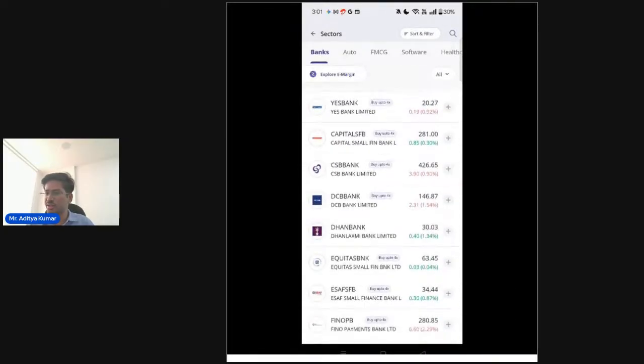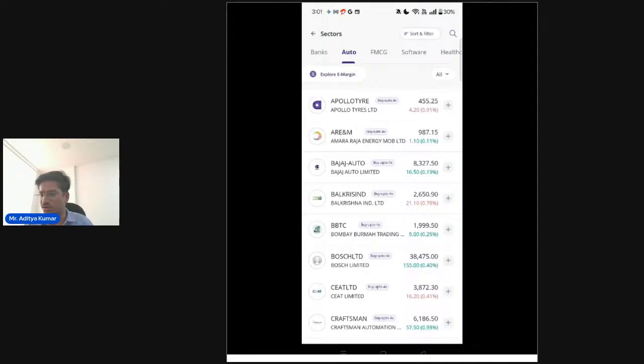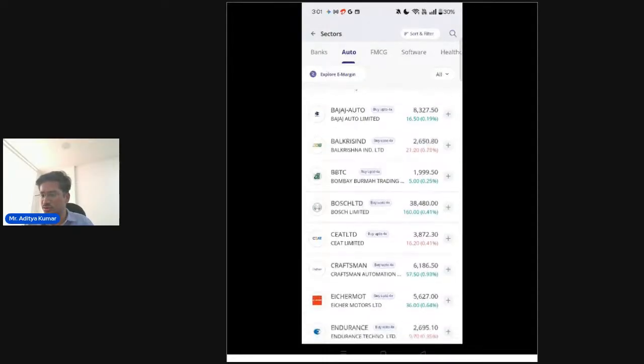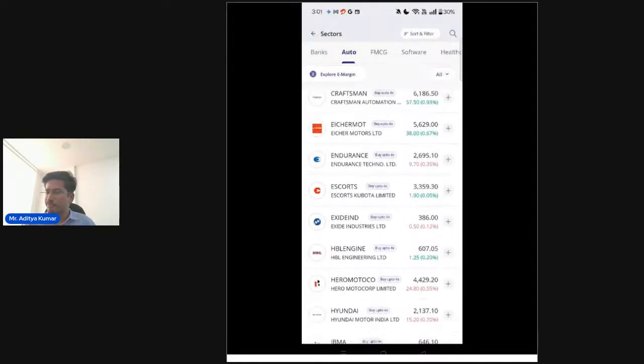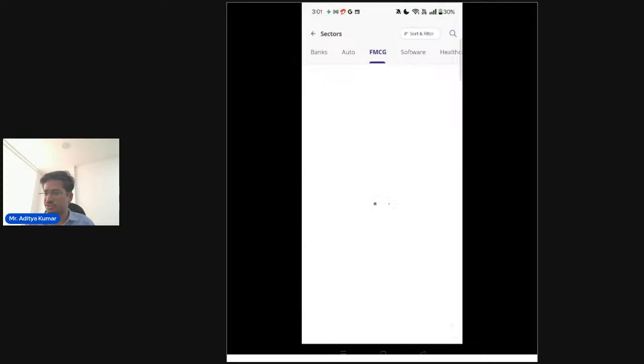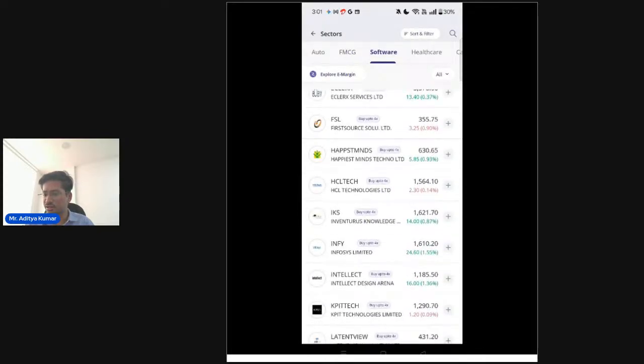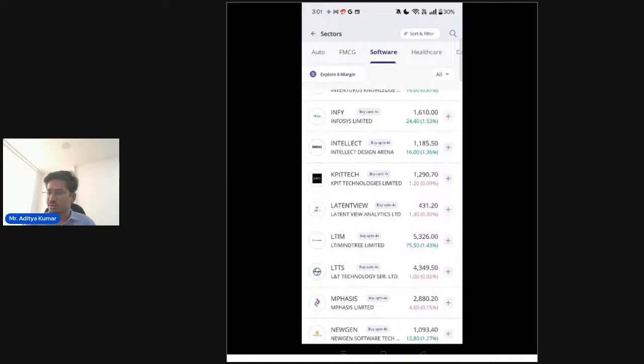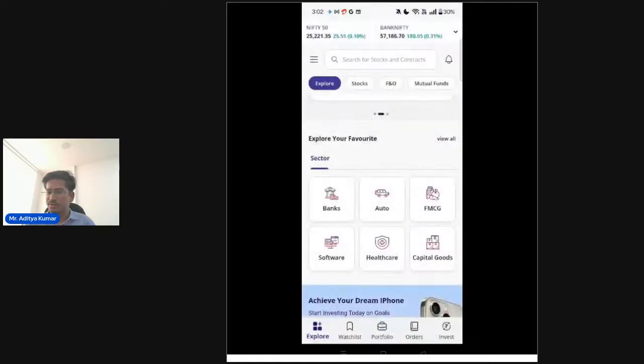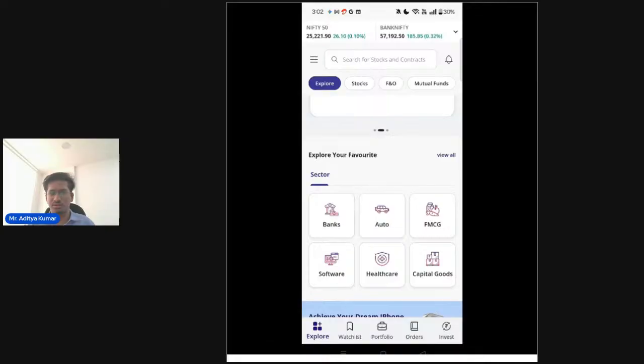You can see everything, and the same goes with auto, Bajaj Auto, everything is there. The same goes for the FMCG sector and the software sector, everything from Excel Tech, everything is there. So this is about the sector-wise stocks that you can view from here.